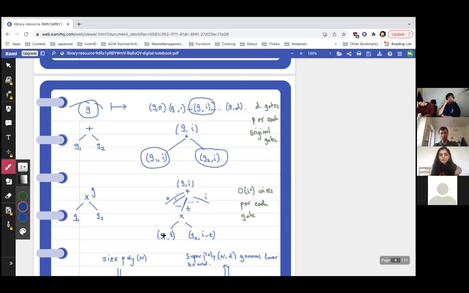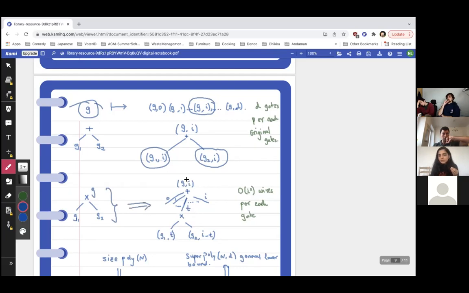So let's say take the degree 1 component of G1 and the degree i minus 1 component of G2. They could perhaps multiply and give a degree i component in G. Similarly, the degree 2 component of G1 and the degree i minus 2 component of G2, and so on. So you can convert this circuit into this one.